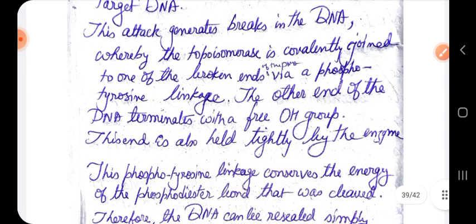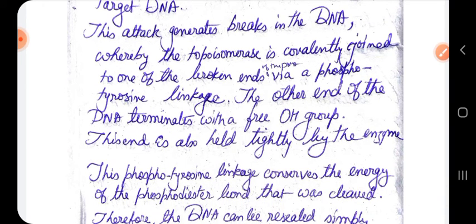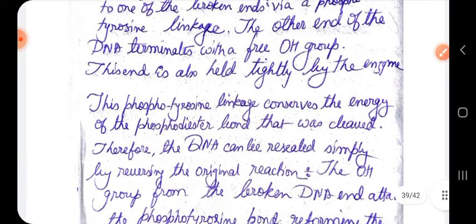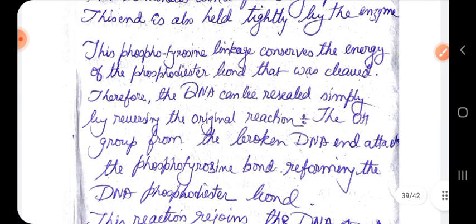Now this end is also held tightly by the same enzyme. Now this phosphotyrosine linkage is conserving the energy which was formed when we broke that phosphodiester bond initially. So the DNA can be resealed simply by reversing the original reaction, that is, the OH group from the broken DNA end will attack the phosphotyrosine bond.